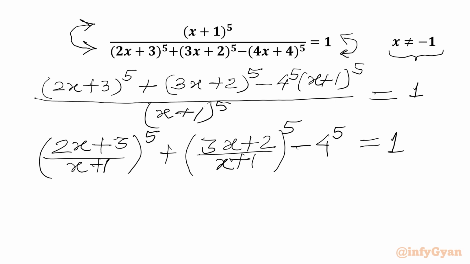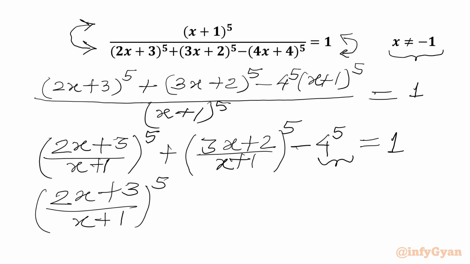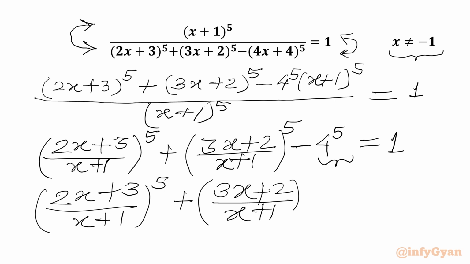Now 4 power 5 is 1024. So I can write (2x plus 3) over (x plus 1) whole power 5 plus (3x plus 2) over (x plus 1) whole power 5 minus 1024 equal to 1.